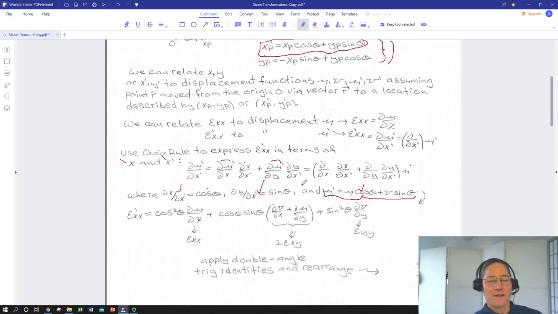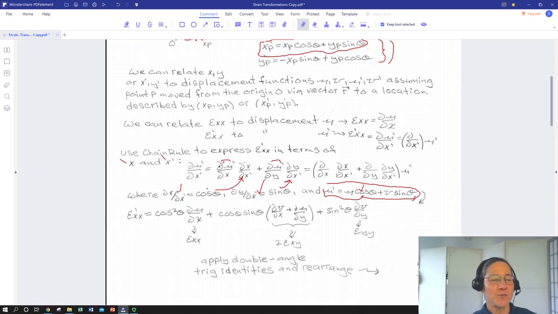So that continues throughout. If we insert the sine and cosine expressions here and here, and then take the partial derivatives of u prime with respect to y and x in this expression, paying attention to what we already know about the partial of our displacements with respect to x and y, we're going to end up getting strains.